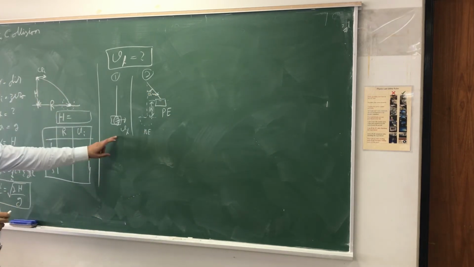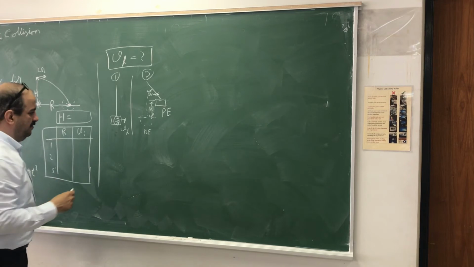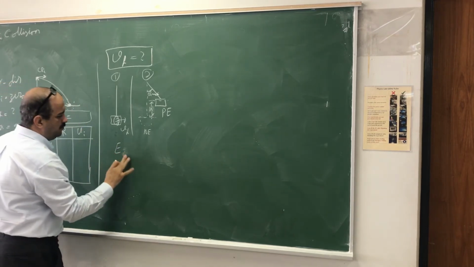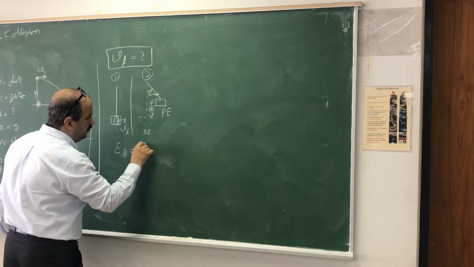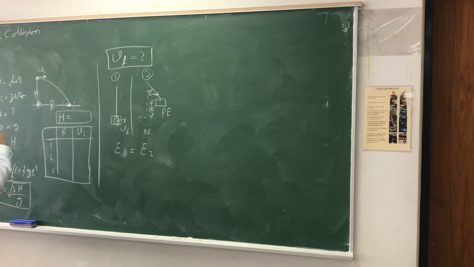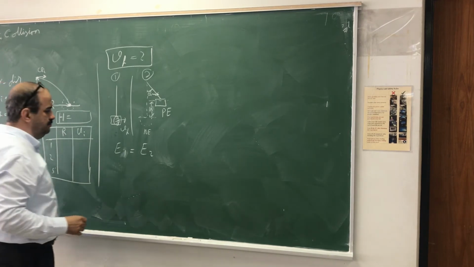Now, our target is to find the v final. We know that in energies, all energies at case number 1 equal all energies at case number 2. I will not call them initial and final because we have those before.